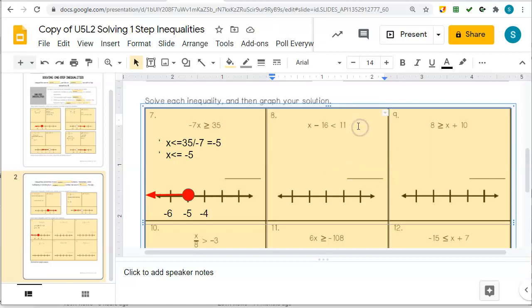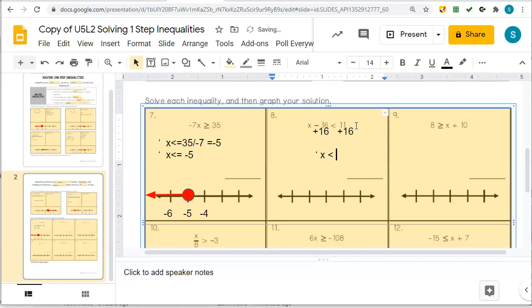With this one, we're adding 16 to both sides. So let's just go ahead and put a plus 16 and a plus 16, and then we get x is less than, and again it capitalized on me.